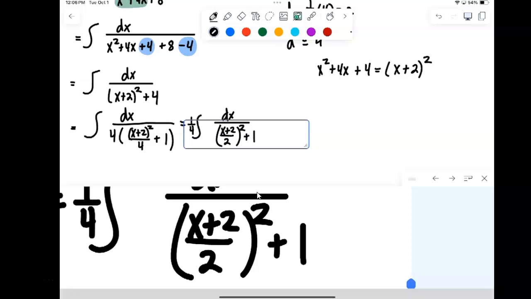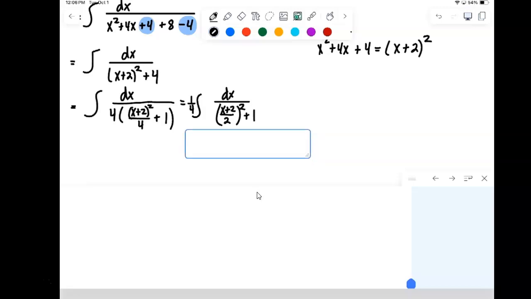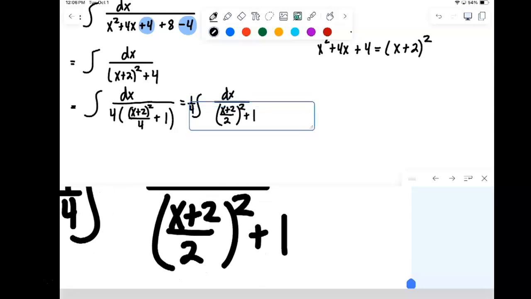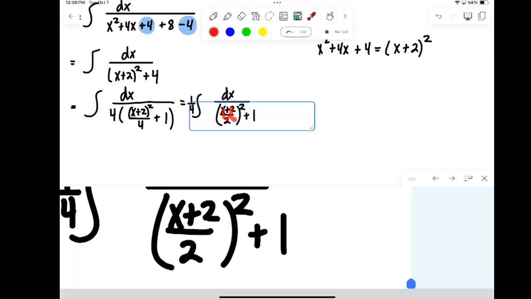So that now it's in the right format for my u step. So now I can let u replace that, so that I have a u squared plus 1, which I can then turn into a tangent.